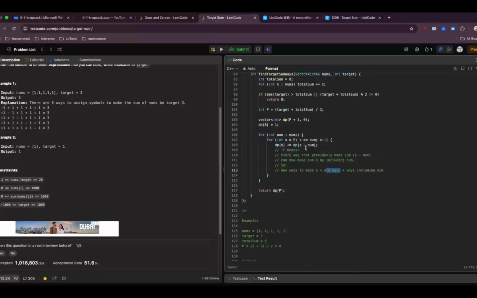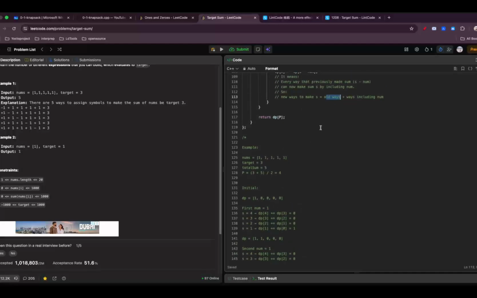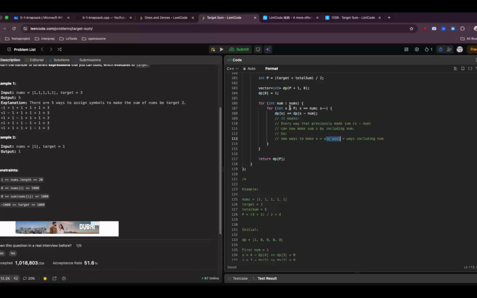If instead we started from s equals num and went till p, then we would be choosing a single number multiple times. And that's why we are doing a backward loop.